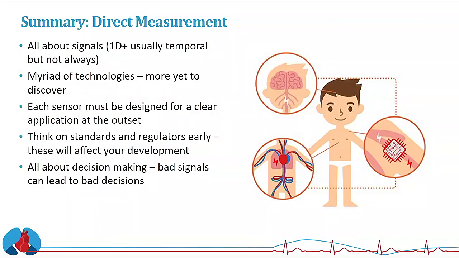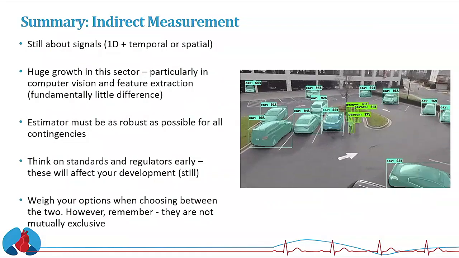It's no good saying, yeah, I want to detect blood pressure. Where do you want to detect blood pressure? Who do you want to detect blood pressure in? What are you going to do with that information? These are things that are really interesting. Think on standards and regulations early, because these will affect the development of your device. And it's all about decision making. So bad signals will lead to bad decisions and somebody will get hurt.